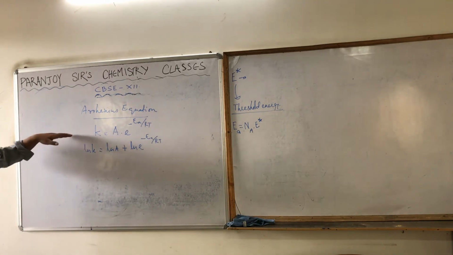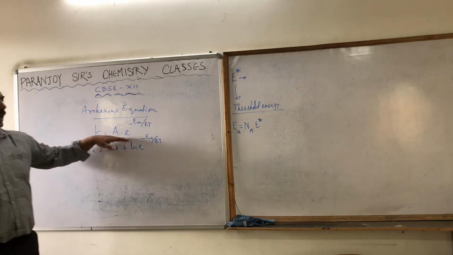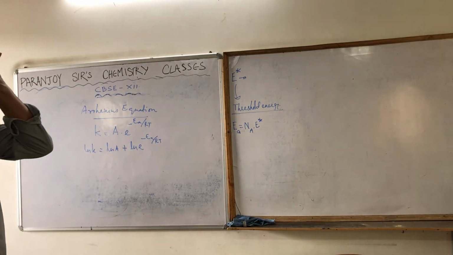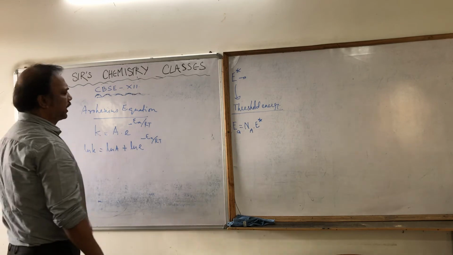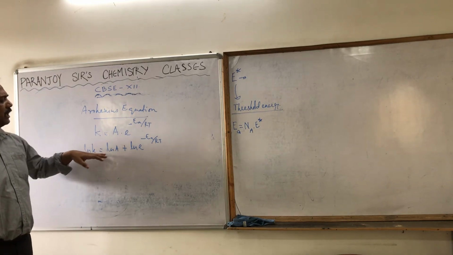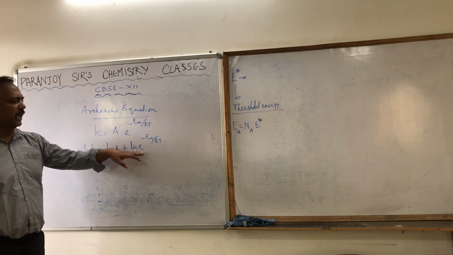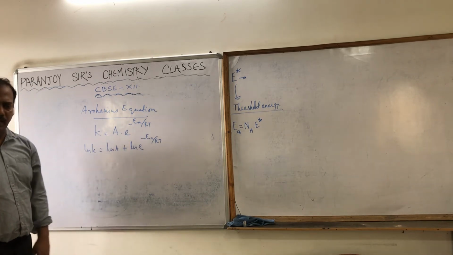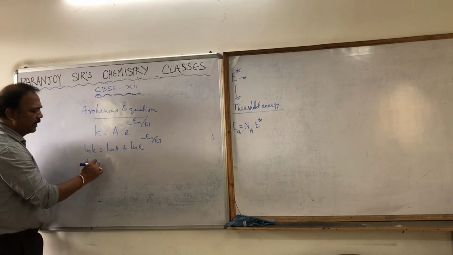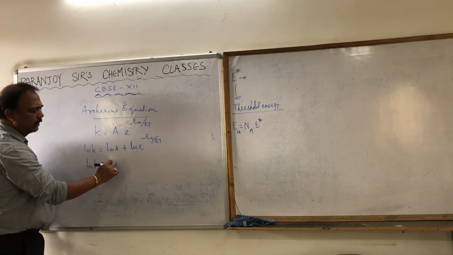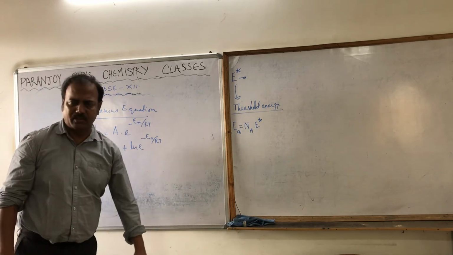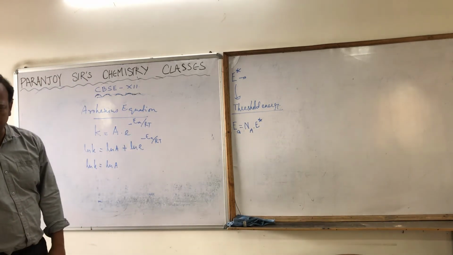You must write before that, taking the natural logarithm of both sides, we get ln k equal to ln A plus ln e to the power minus Ea by RT. Then you can write the next one, ln k equal to ln A. Log A to the power x equals x log A, we know it.